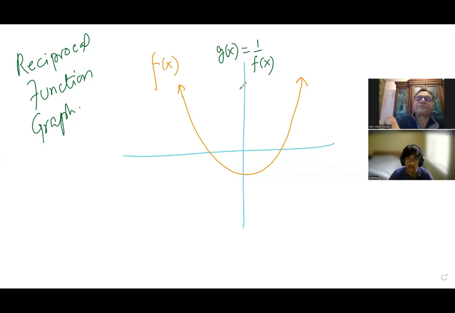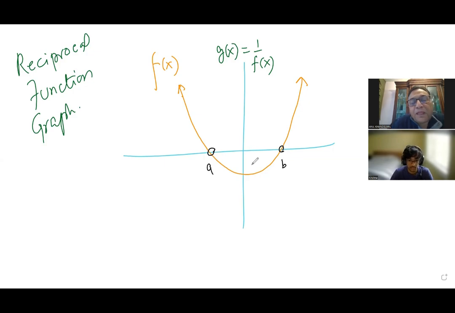If the graph is given, you could try finding some points on the graph. And the best points are the x-intercepts. The x-intercepts of the function will lead to discontinuities in the reciprocal function, right? Let's give them some values, say a and b.